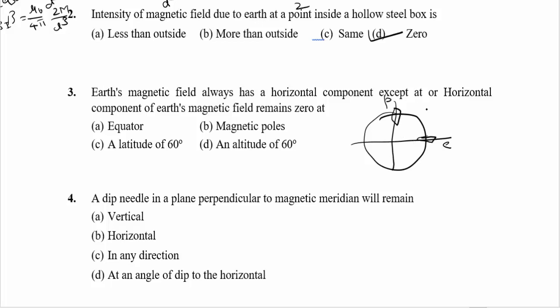Means here the angle is theta equal to 90 degrees, here theta is 0 degrees. If the needle is horizontal, the magnetic field is along BH. If the needle is vertical, BV is present and BH will be 0. BH stands for horizontal component, BV stands for vertical component.